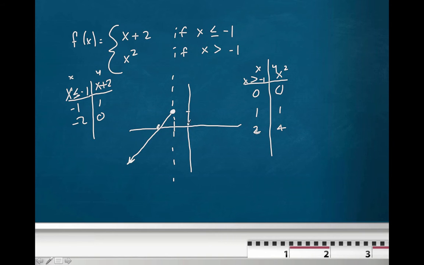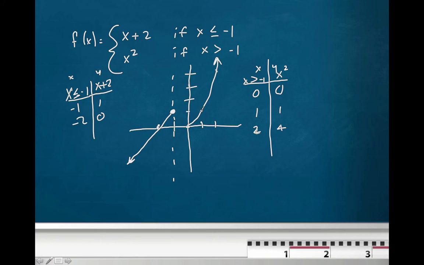So we would have dots like 0, 0, 1, 1, and 2, 4. And we expect this kind of shape because we know that y equals x squared makes a parabola.